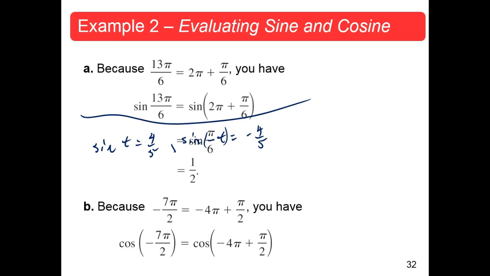This is minus 8 pi halves, and that's minus 7 pi halves plus pi half, okay? That's true. And because this is an even multiple of pi, 2n pi, the cosine of this would be the cosine of that, which is just the cosine of pi halves. To me, a sort of bizarre way to do it, but it's certainly true.